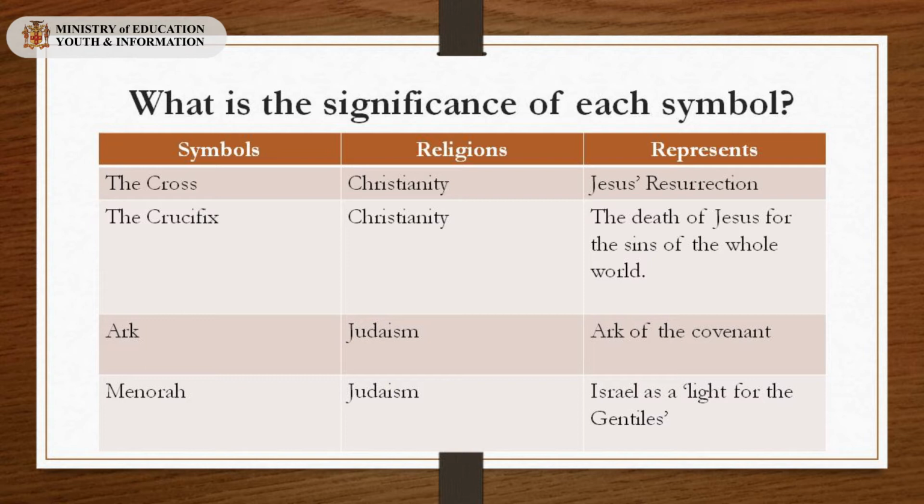The Ark in Judaism is a representation of the Ark of the Covenant. And the menorah, also a symbol in Judaism, represents Israel as the light of the Gentile world.